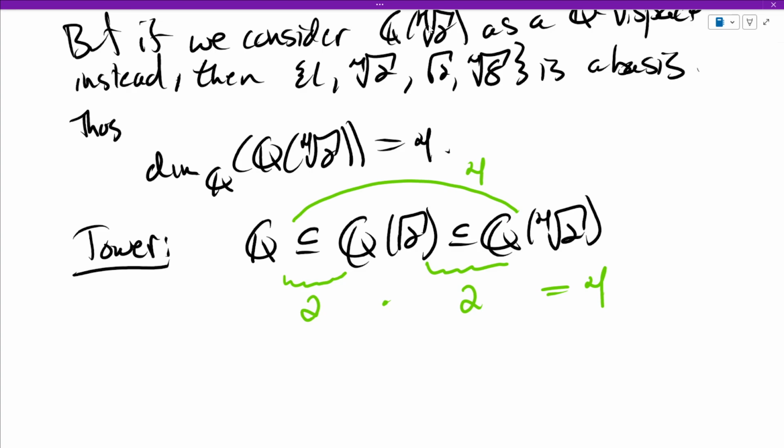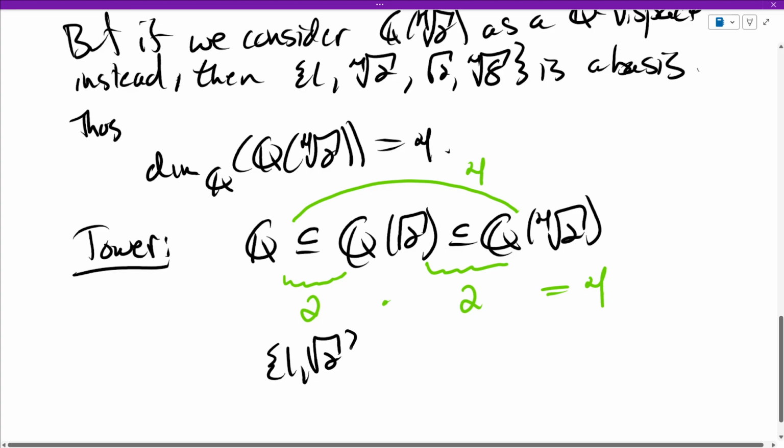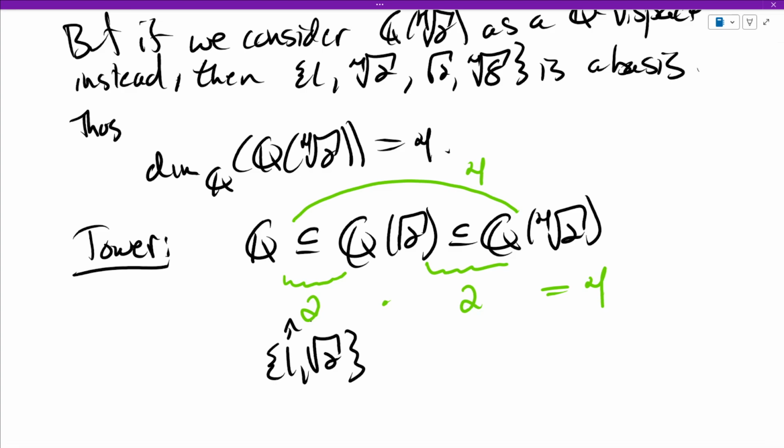One last thing, keeping with this last little bit here, the basis for the first extension was 1, root 2. That was one basis we could pick. The basis, a basis I should say, for the second extension was 1, fourth root of 2. What happens if we just set theoretically multiply these?